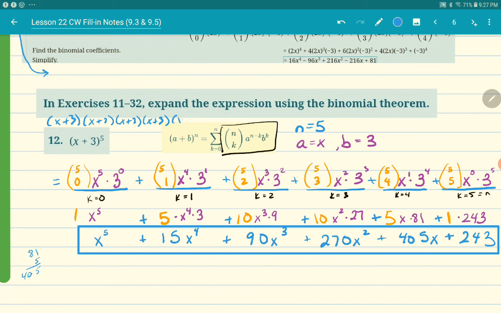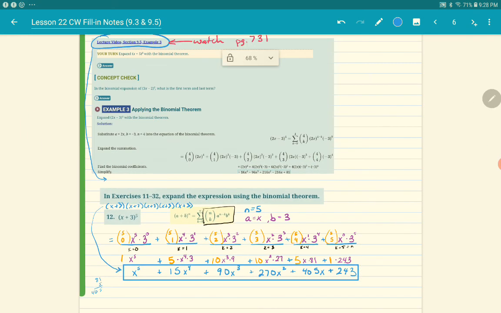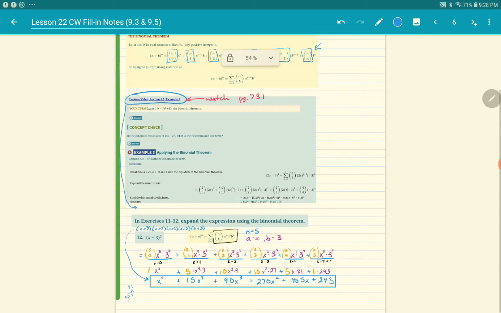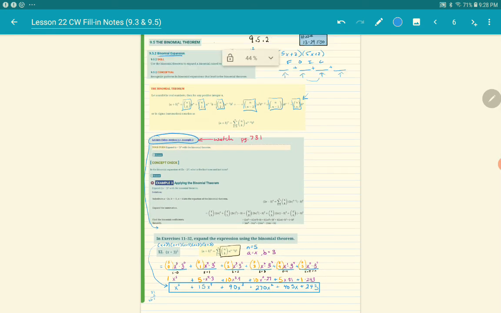But if I did it and then I simplified, I would get this. And that concludes the binomial expansion, 9.5.2.